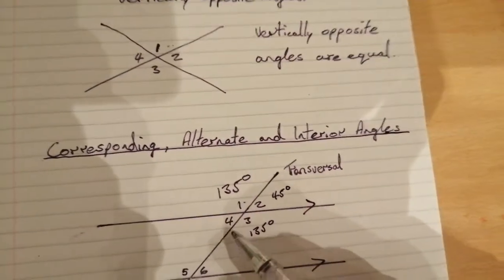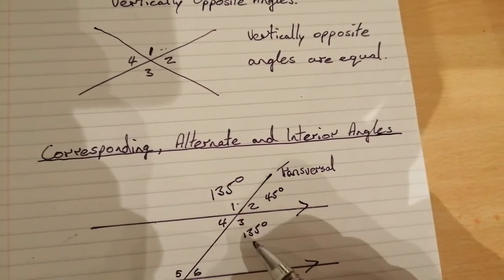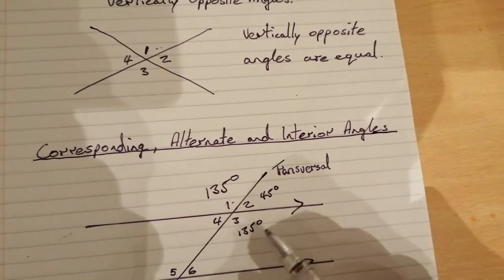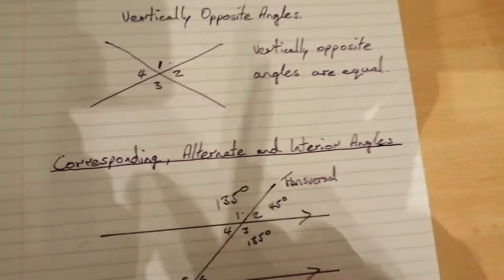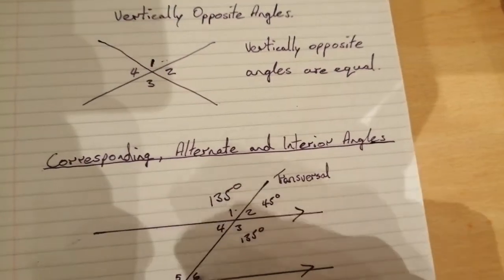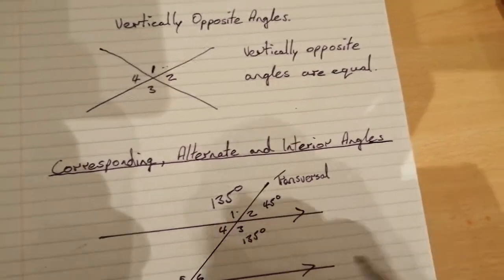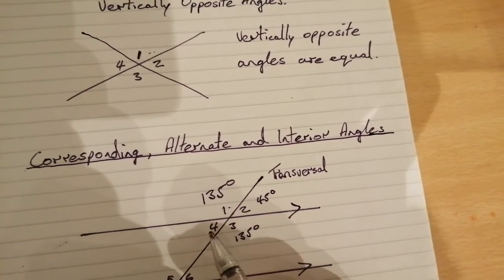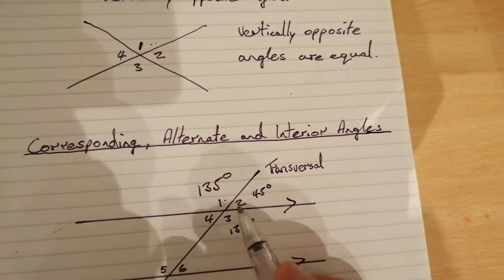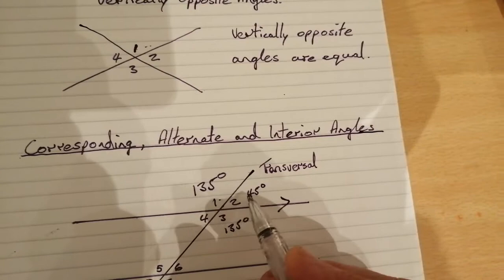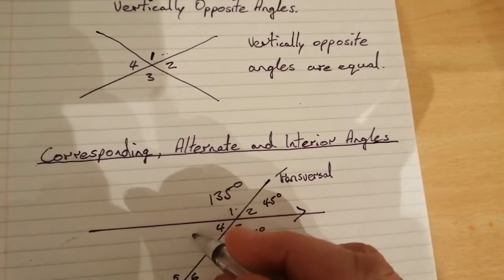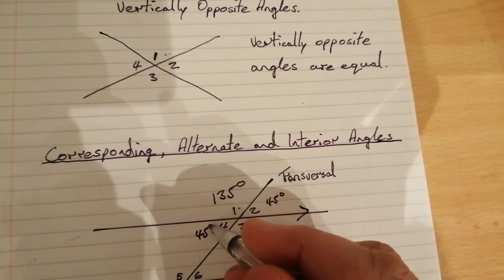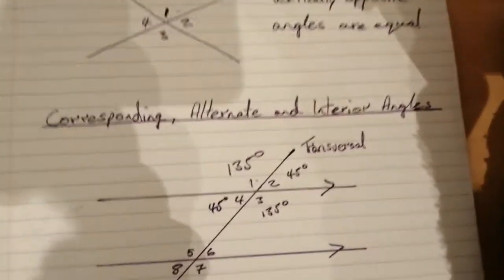And we can see these two I already mentioned are supplementary also. 135 plus 45 equals 180 because they're lying on this side here of the straight line, the transversal. But then also, this must be 45 because 3 and 4 are supplementary, or you could say this must be 45 because it's vertically opposite to angle 2, so that's 45, so this is 45. So all of that so far is clear to see, I think.